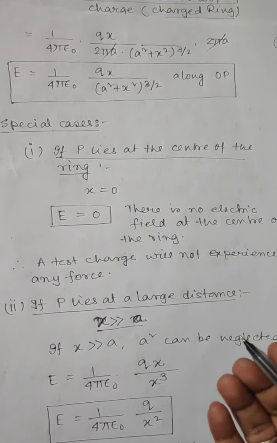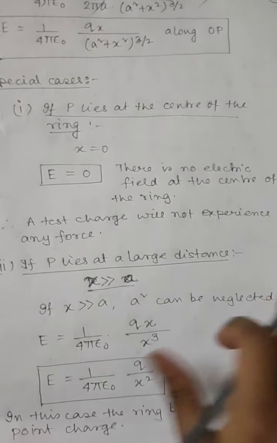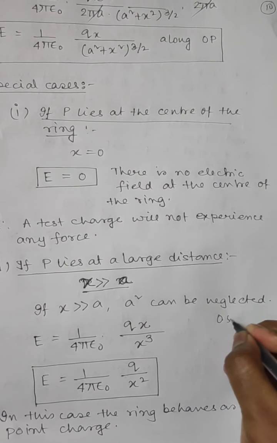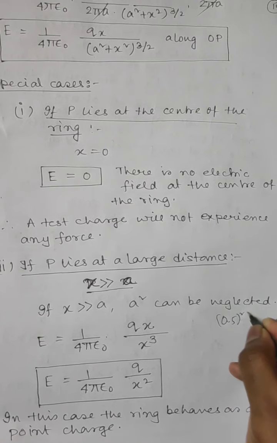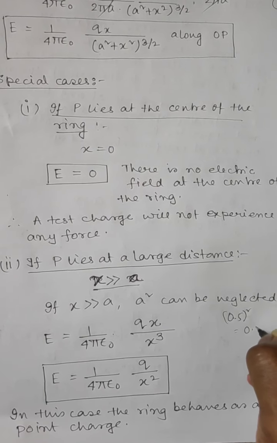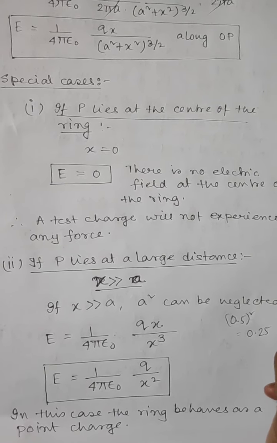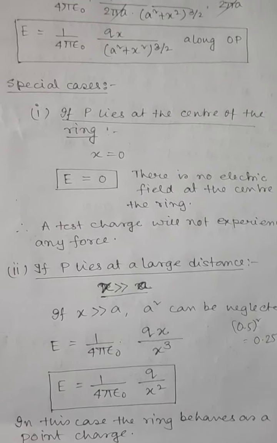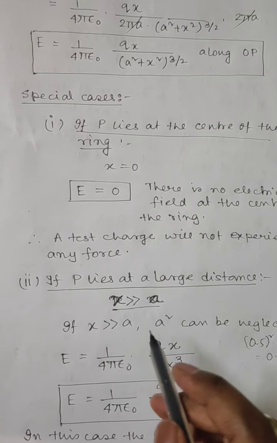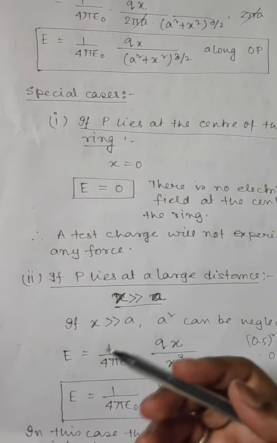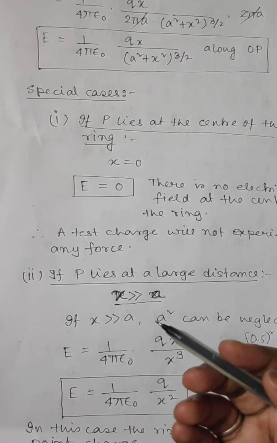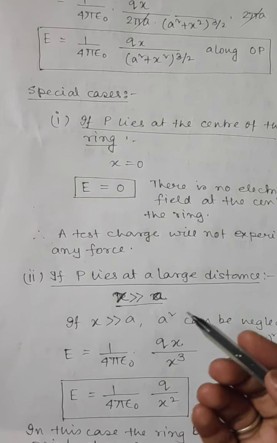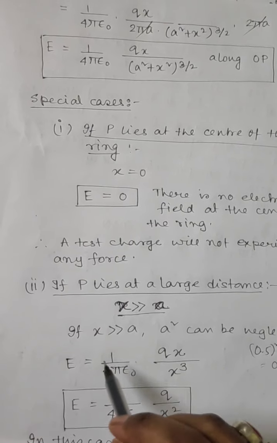So the square of a smaller quantity is more small. For example, if you square 0.5, it will become 0.25, which is smaller than 0.5. So you can see that if you square or cube or take to the power 4 any smaller quantity, it becomes more small. So we can neglect a square.